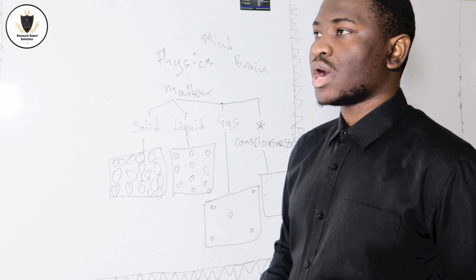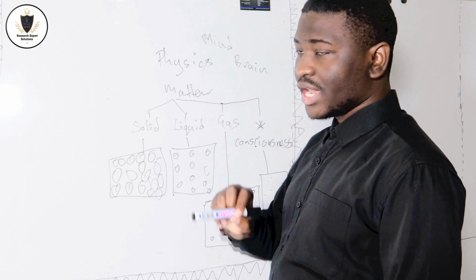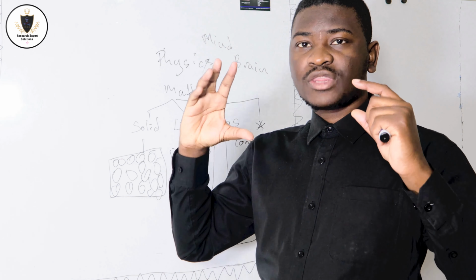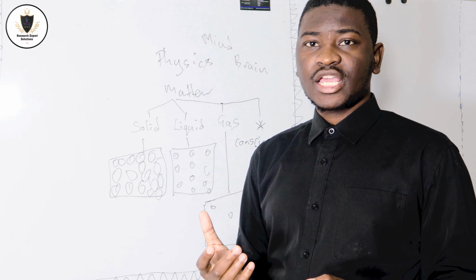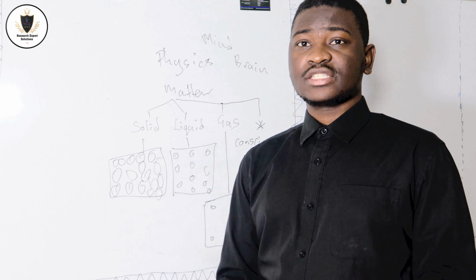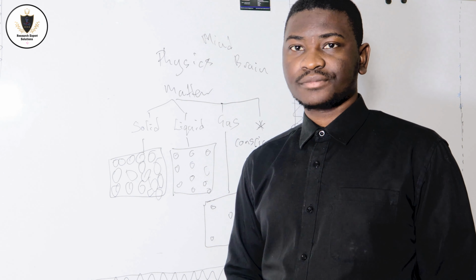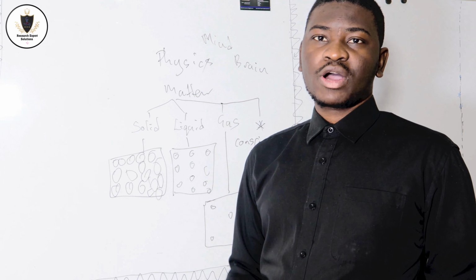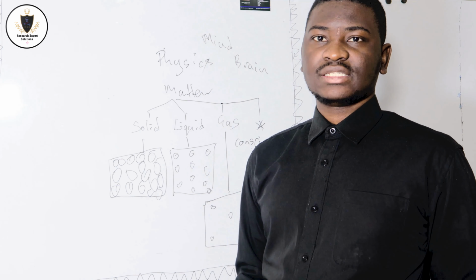For example, when we talk of the brain, we're basically talking of that organ that actually allows us to think, process information that we can see, and store that information, right? We all know what the brain basically does.